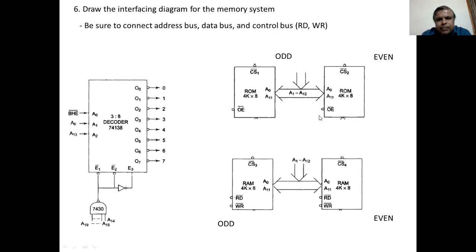Then connect the address pins A1 to A12 of the 8086 microprocessor to these address pins of ROM and these address pins of RAM. A1 to A12 is connected to A0 to A11 of this ROM.